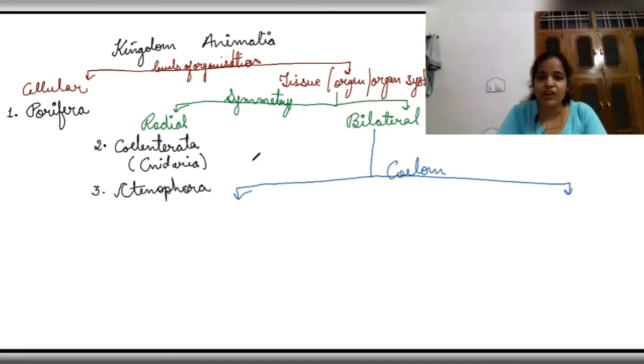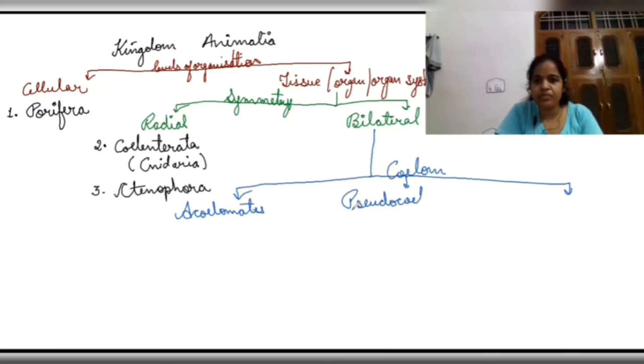So triploblastic organisms start here with the bilateral ones, and on the basis of coelom or body cavity, we have the three groups, that is acoelomates, then we have pseudocoelomates, and the last one we have got is coelomates or eucoelomates. So let's see different phyla which are placed on these different coelom types.